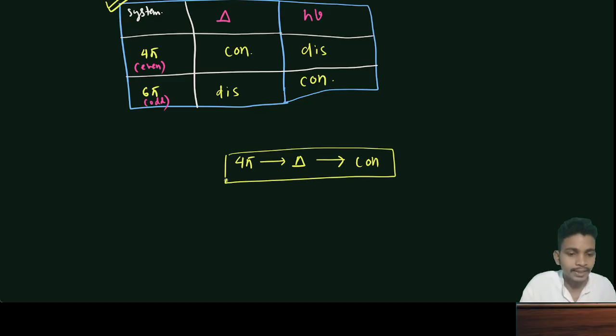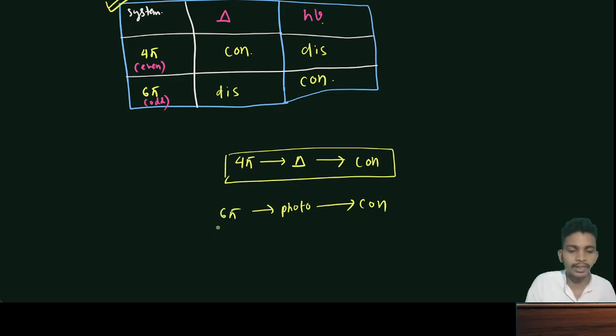So 4 pi heat con, and the same thing we can remember for 6 pi. Here con is forming, so let's keep con on both sides. Here con goes with photo, so I will write photo, and that is 6 pi.